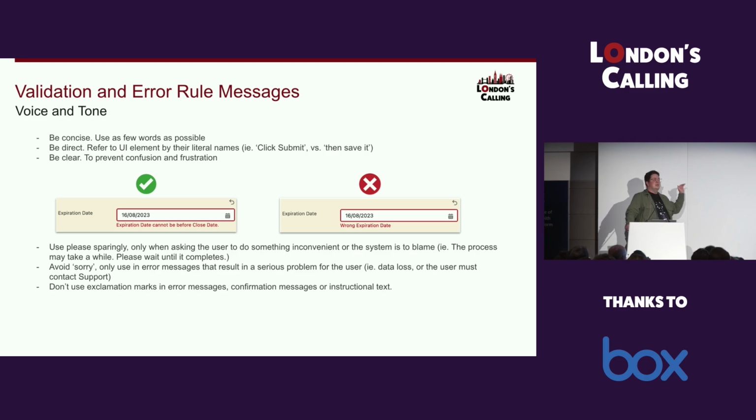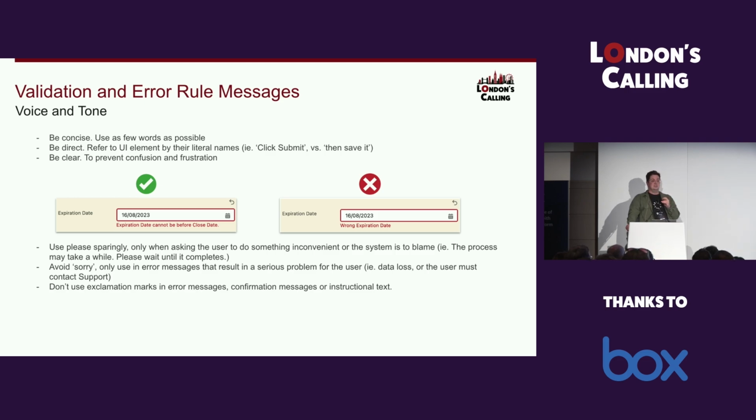You have to say, click that button, and you have to call out the button's actual name. Similarly, if you say, then save the record, that's not really good enough, because what if someone doesn't know what that is? They never worked with Salesforce, this is their first day.